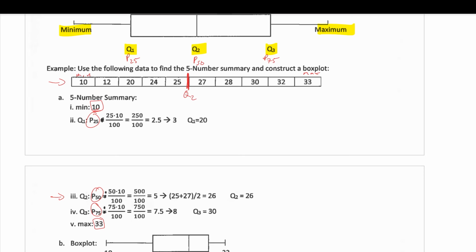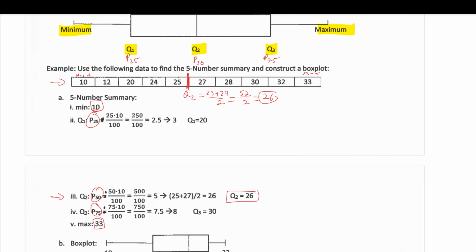Well, if it's between 25 and 27, you just add those up and divide by 2. 25 plus 27 is 52, divided by 2, and that's 26. So that's the median. You see how even with the calculation, it can be done that way too. So we get the same answer.